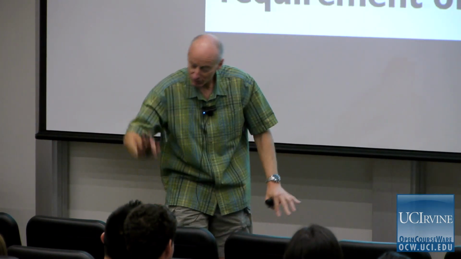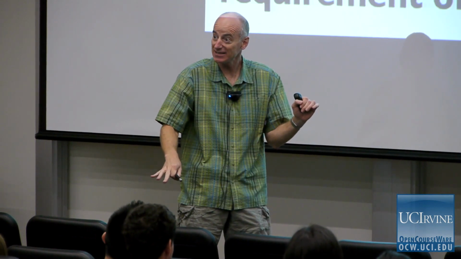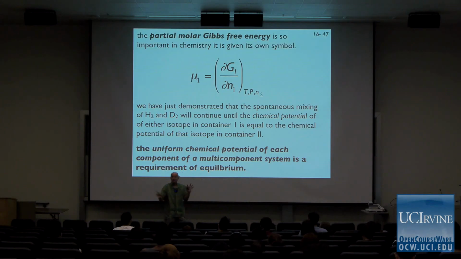If the chemical potential of the water is higher in these polyester fibers, the polyester fibers will be outgassing water because dG will go down if that's the case. So if you've got a heterogeneous chemical system that has different phases, different chemical compounds in it, if it's at equilibrium, the chemical potential of each component has to be the same everywhere in that heterogeneous system. That's a very important thing to understand.